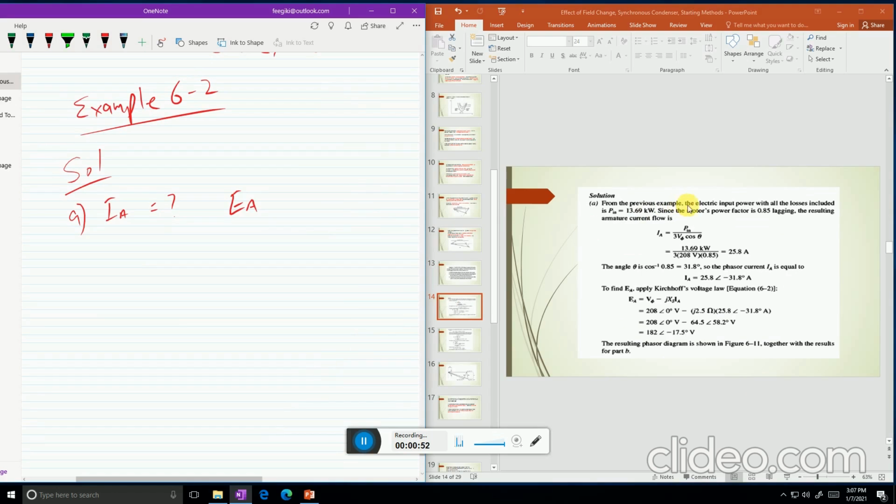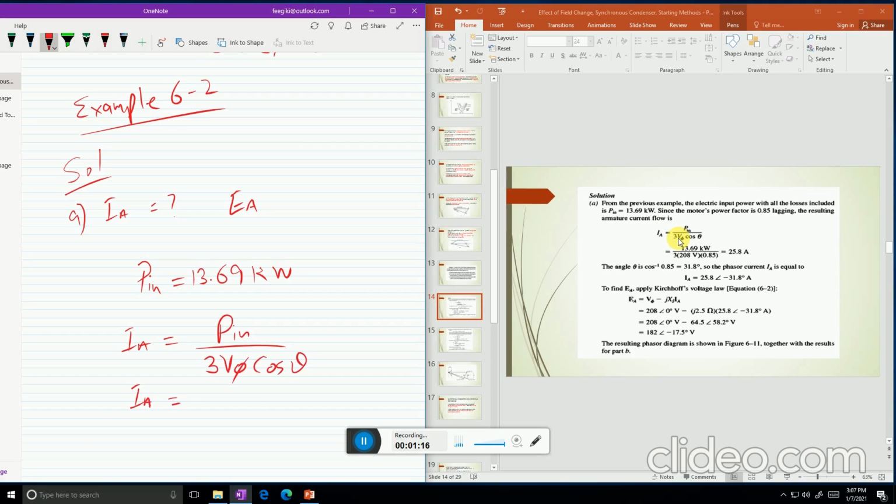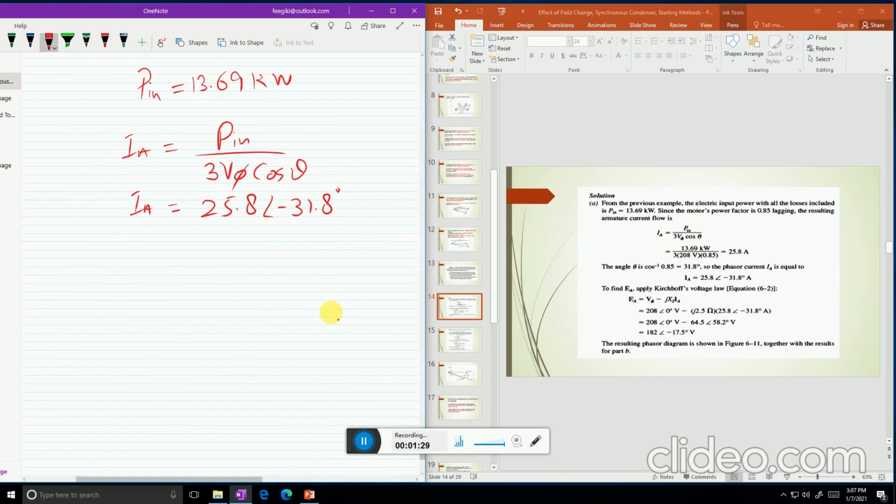From the previous example, the electrical input with all the losses included is P in, 13.69 kilowatt, and IA can be calculated as P in divided by 3 V phase cos theta, and from here IA is 25.8 angle minus 31.8 degree, lagging. So EA, we already know the formula of EA.